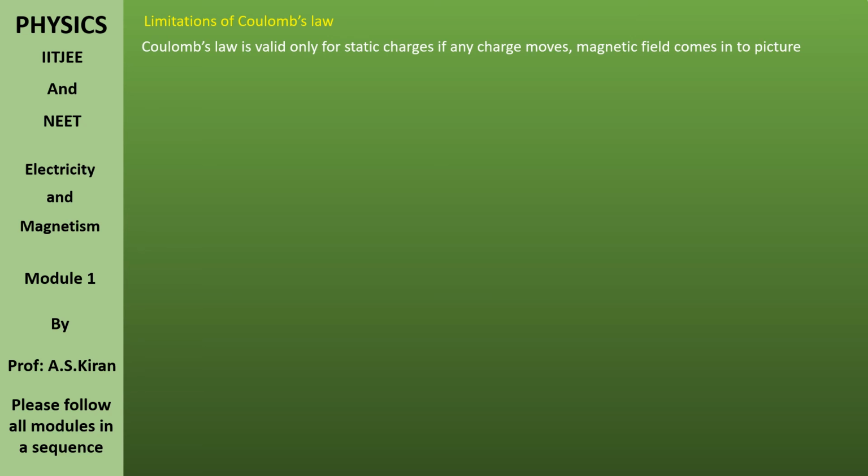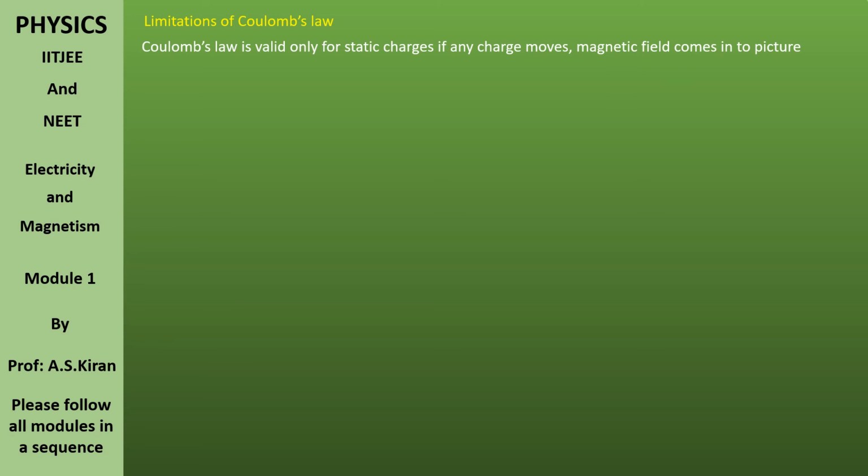Between any two charges, when you are discussing Coulomb's law, if any one of the charges is moving, a magnetic field arises. Magnetic field comes into picture. Obviously, magnetic forces also come into picture. Then the net force of attraction or repulsion between the two charges is the summation of electric forces and magnetic forces generated.